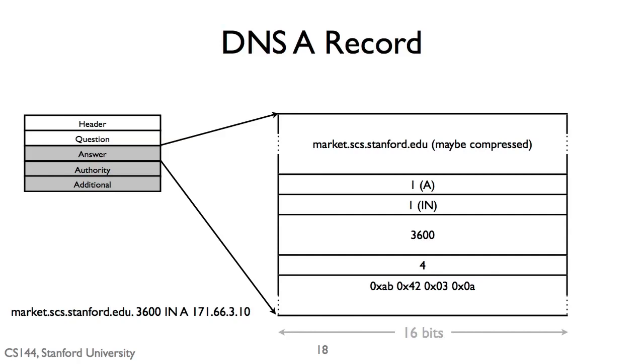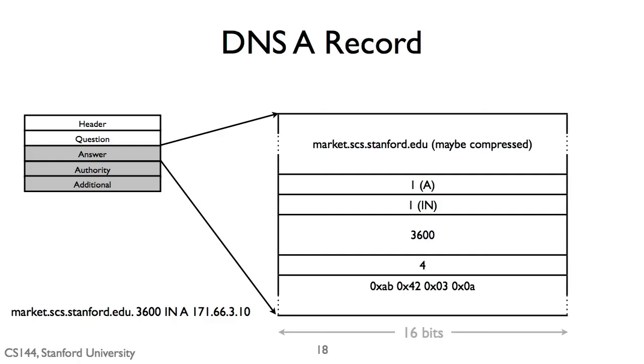So just to give you an idea, here is what a DNS A, or address, record looks like. This is, say, for market.scs.stanford.edu. The name region would say market.scs.stanford.edu. This might be compressed, so it might be much shorter. Then the next 2 bytes would say 1, this is an address record. The next 2 bytes would say 1, this is for the internet.